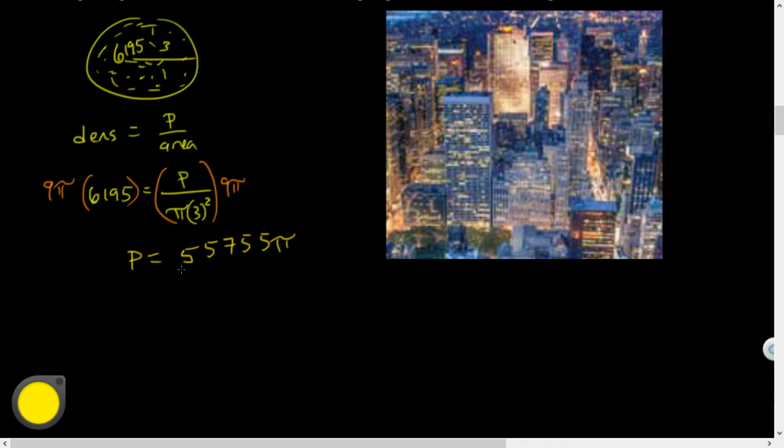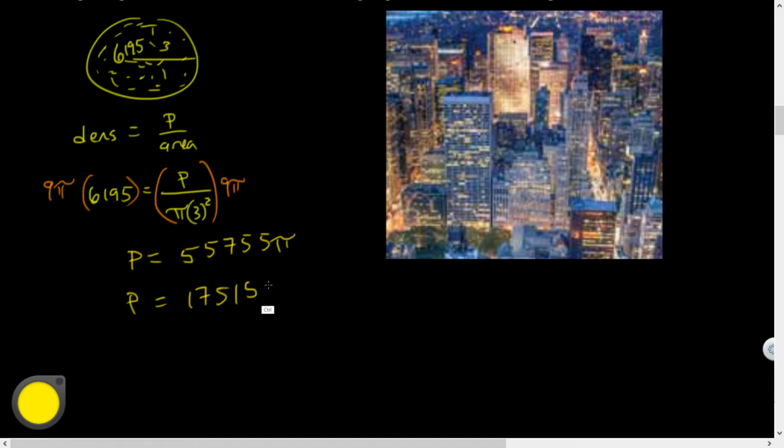So this is the number of people in terms of pi, but that's not a helpful number. I just multiplied this by 9, and multiply that by pi, and you'd get a population of 175,159.